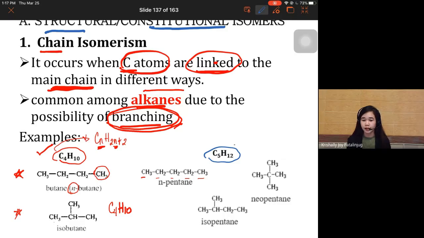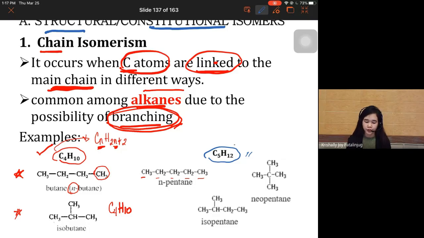So, dili ko maghatag og exam o quizzes nga, okay, draw the isomers of C6H14. No. I will give the structures. You will identify what type of isomerism exists, okay, in the given item. So, yun lang yung aaralin nyo for isomerism. Okay, you have to know how to identify the type, the specific type of isomerism.